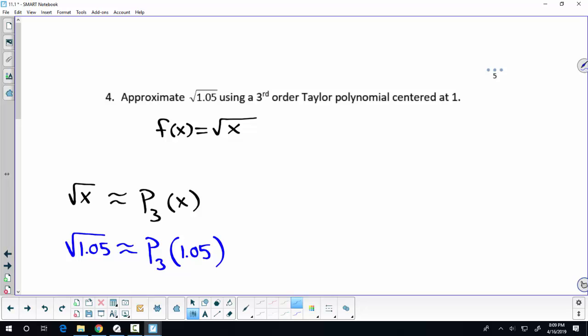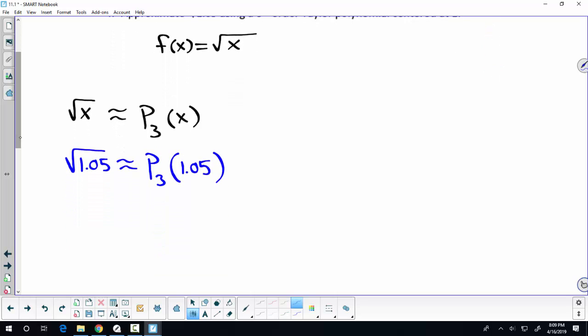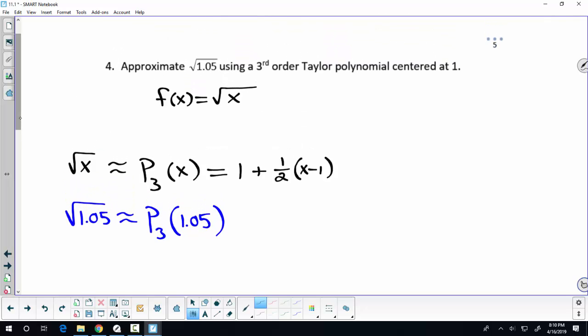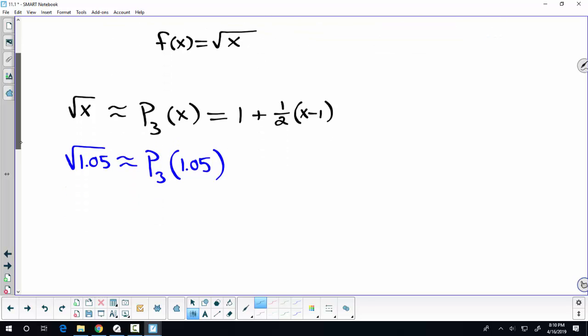I guess if you want to try that as additional practice, you should come up with p sub 3 to be 1 plus a half times x minus 1. Notice here our center is at 1, so now we're going to have these x minus 1s to a power instead of like our other examples where it's just x to a power.